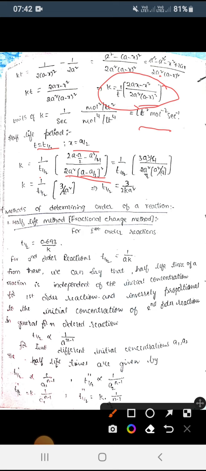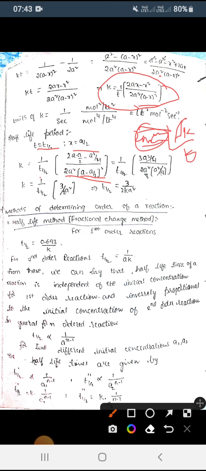We also have a graph for the third order reaction: the slope gives k, with t on the x-axis and (2ax minus x square) by 2a square, the concentration term of the reactants, on the y-axis. So these are the orders of reaction in integrated form.